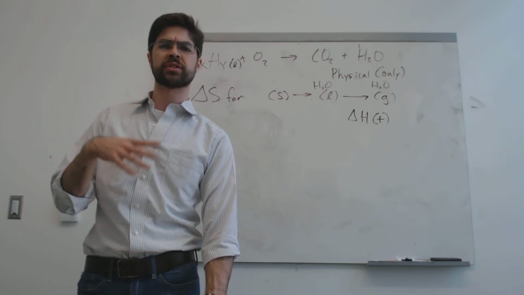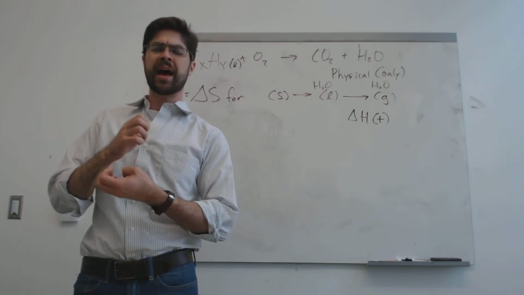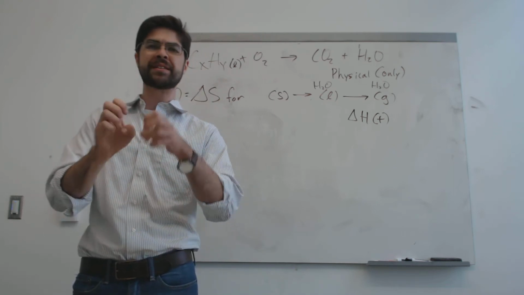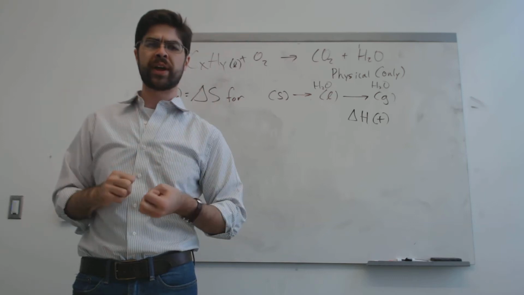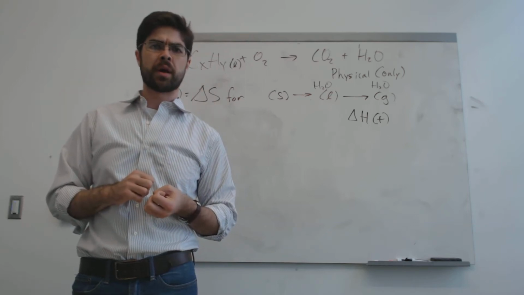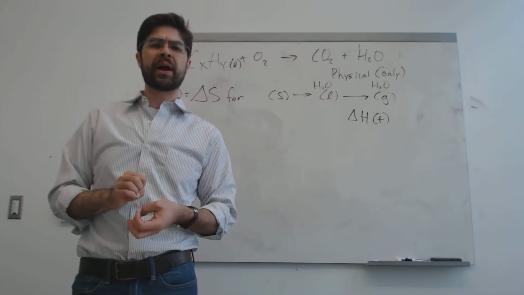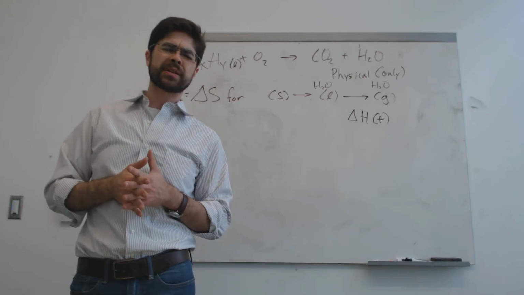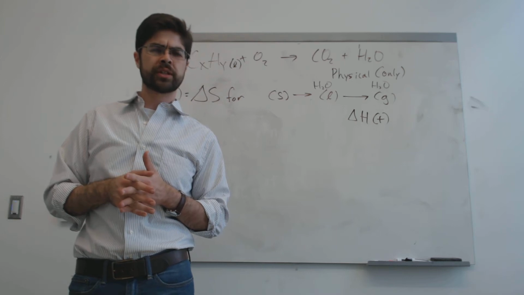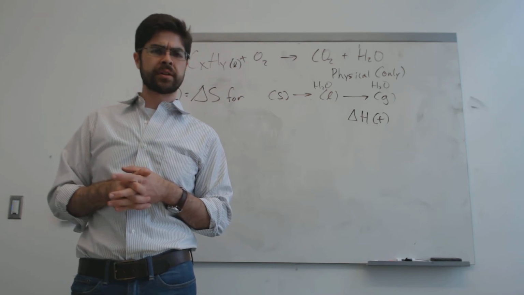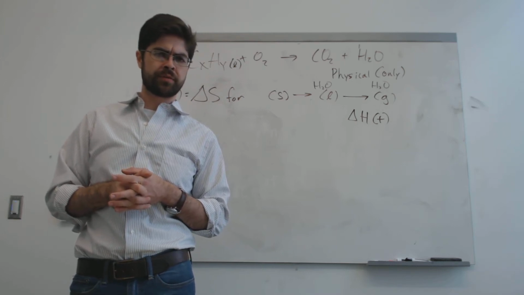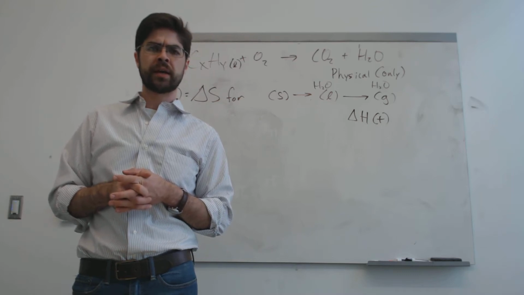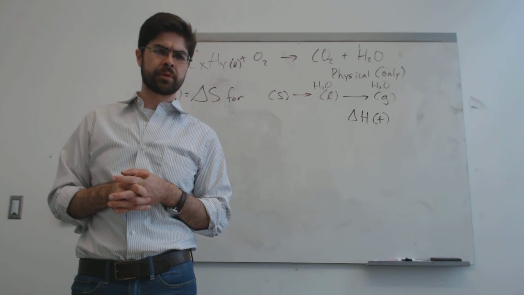Number of permutations, how chaotic it is, how random it is, how many different ways there are of doing things, how many different ways there are for me to arrange the atoms in a molecule. No real bearing on the energy of those bonds. There's a little bit of correlation, but it's subtle enough that I would say it's beyond the scope of a general chemistry course. Something that you might touch upon in a dedicated thermodynamics class.